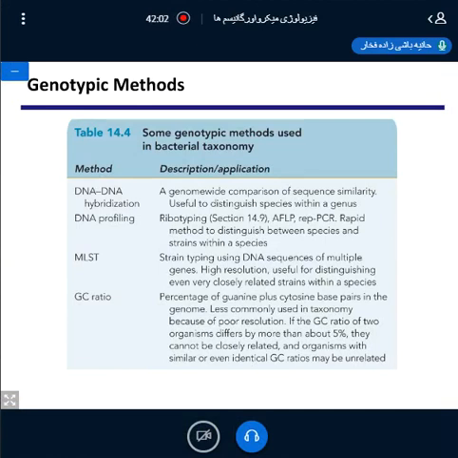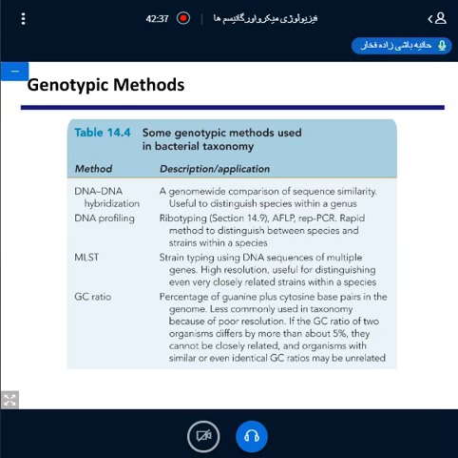In DNA profiling, we use ribotyping, AFLP, or REP-PCR, rapid methods to distinguish between species and strains within a species. In MLST, strain typing uses DNA sequences of multiple genes, with high resolution, useful for distinguishing even very closely related strains within species.